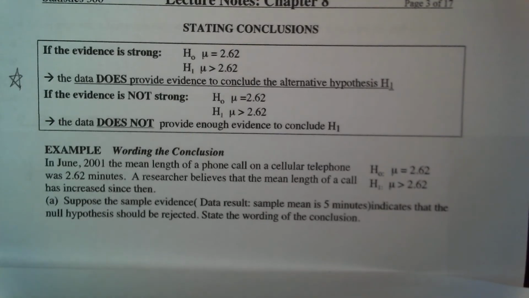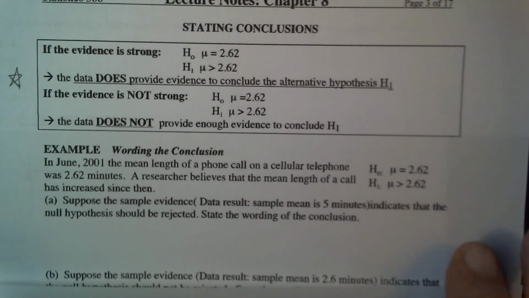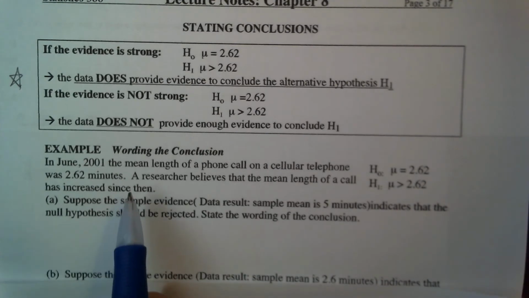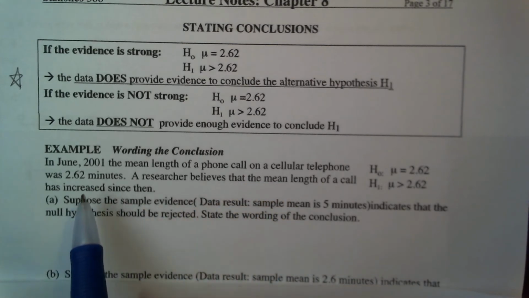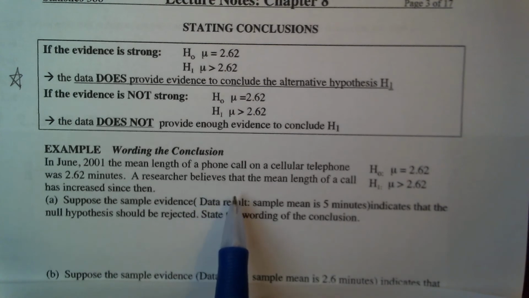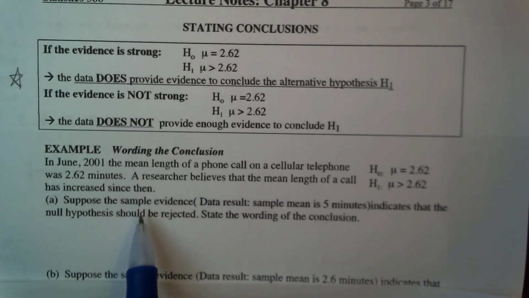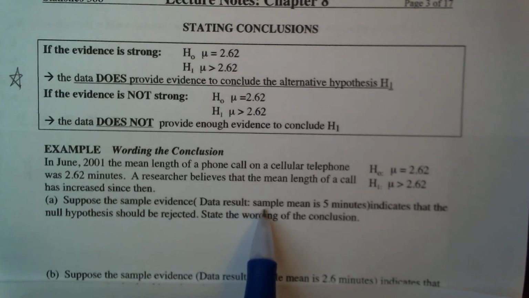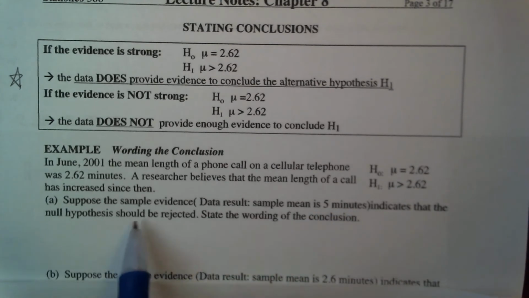So let's look at an example and how to word the conclusion. So here in June 2001, the mean length of a phone call on a cell phone was 2.62 minutes. A researcher believes that the mean length of a call has increased since then. And so suppose the sample evidence, the data results, in other words, that the sample mean is 5 minutes, indicates that the null hypothesis should be rejected.